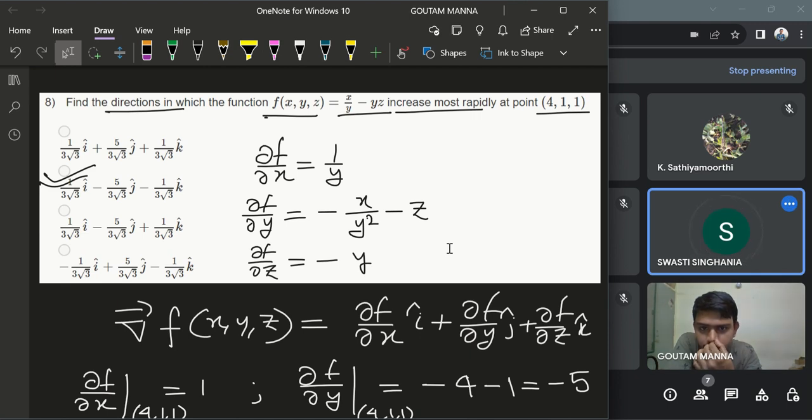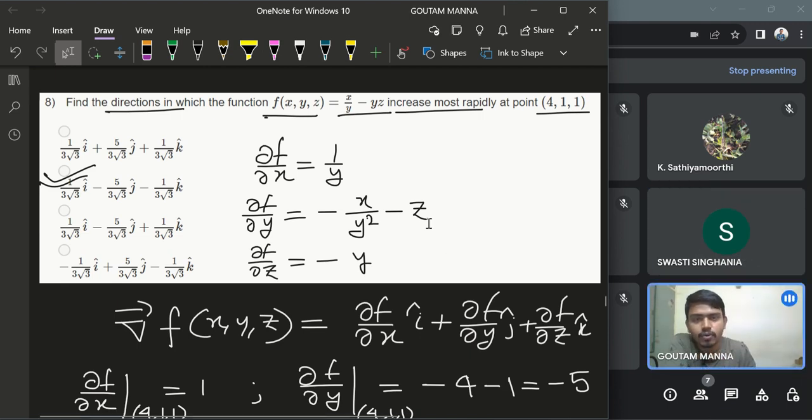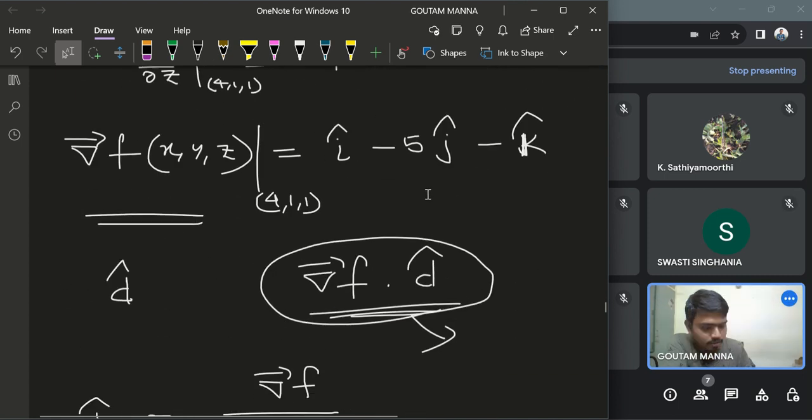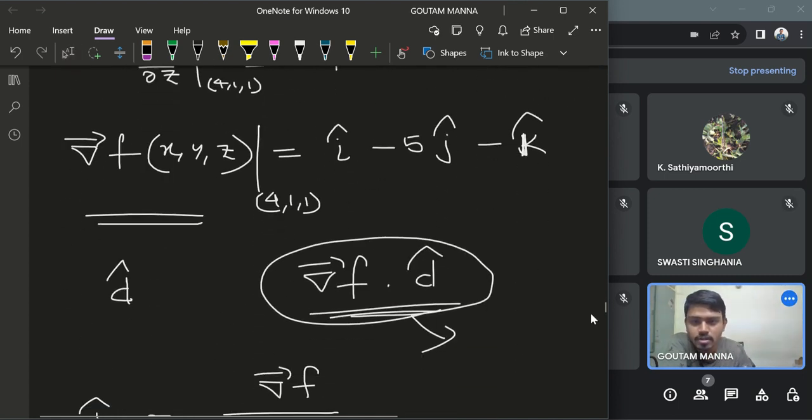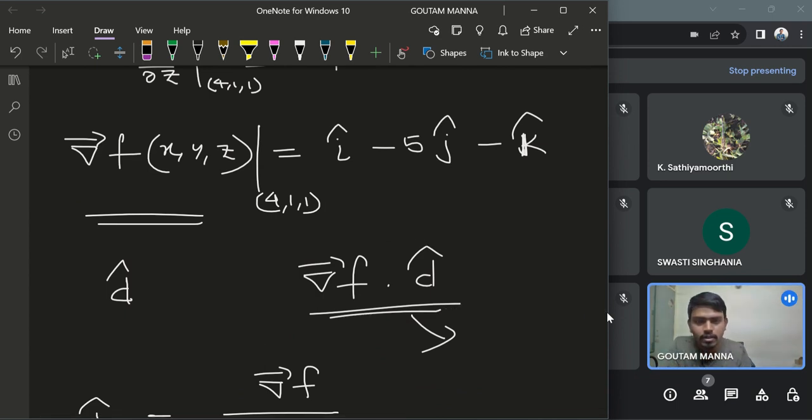Increase most. Okay. So basically you can just find it out from this expression. The directional derivative along this direction of b cap will give you the rate of change of this function along that direction.